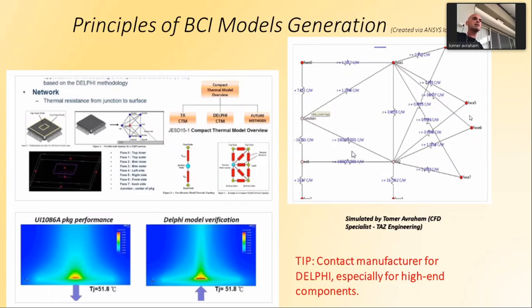But software like IcePack and FluTherm can derive this, and I say it's an optimization process. They have a macro which can derive a Delphi model from a detailed model if you have the detailed model. Okay? Any questions about Delphi models?